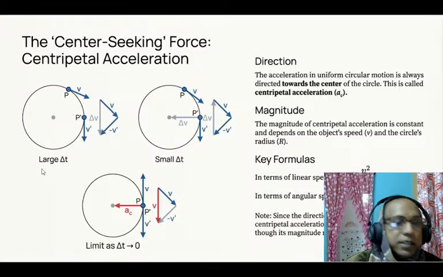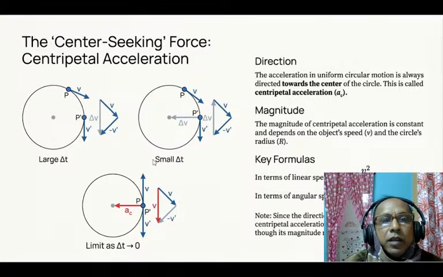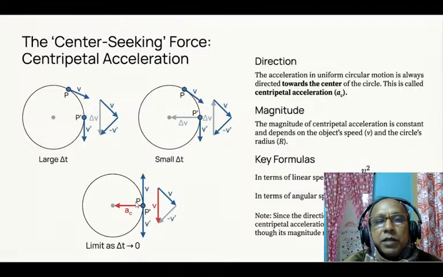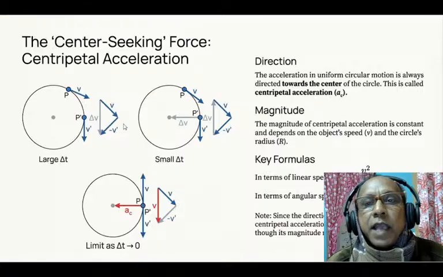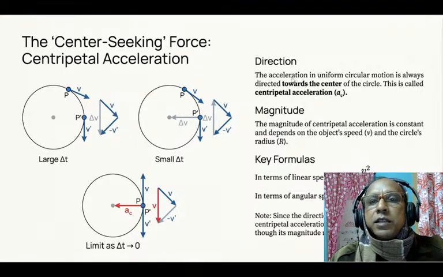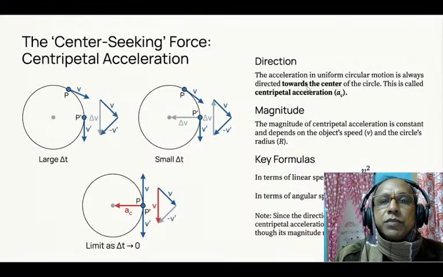You see, this is large T, this is small t, and this is the limit delta t tends to 0. At this point it is perpendicular to the radius. So this is the center seeking force or centripetal acceleration. The acceleration in uniform circular motion is always directed towards the center of the circle.